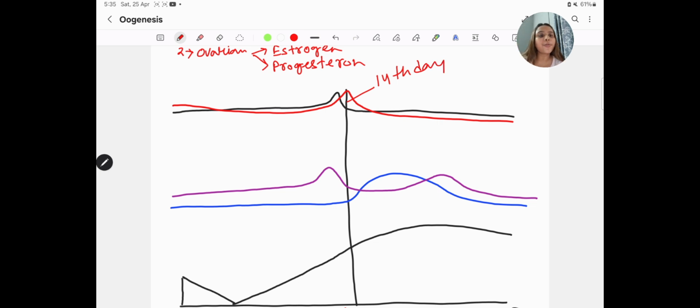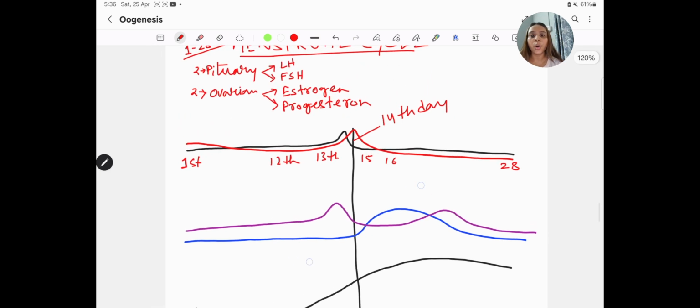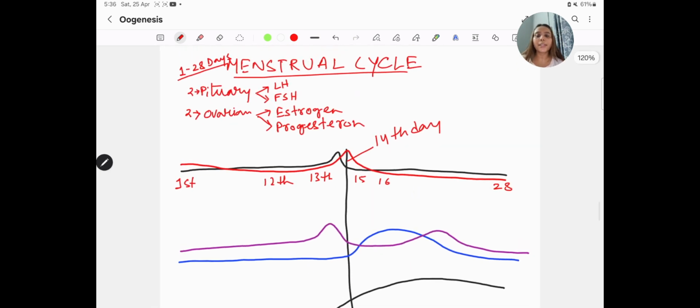Before this 14th day there is the 13th day, the 12th day, and so on, down to the first day. So this is the first day to the 14th day, and then 15, 16, and this way up to 28 days, right? These LH and FSH are the anterior pituitary hormones that are controlled by the hypothalamus.